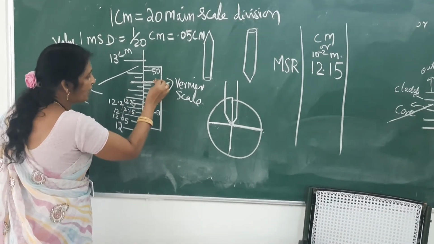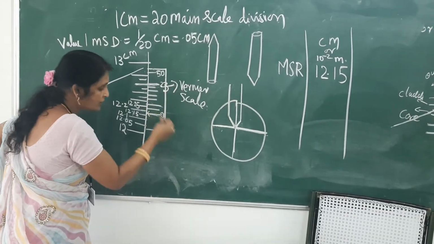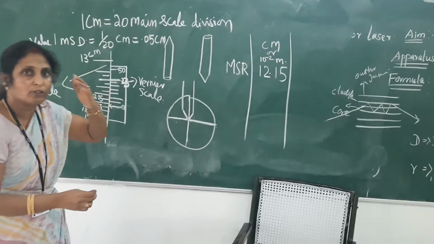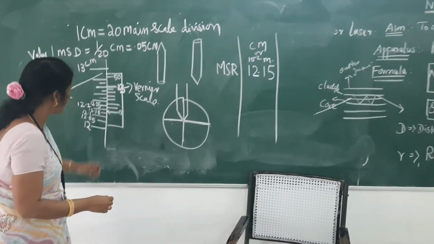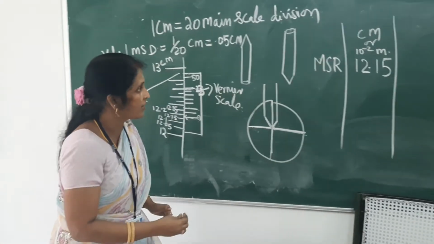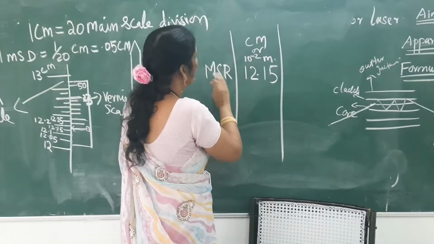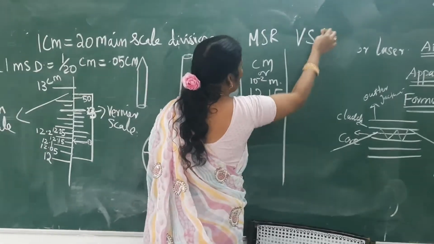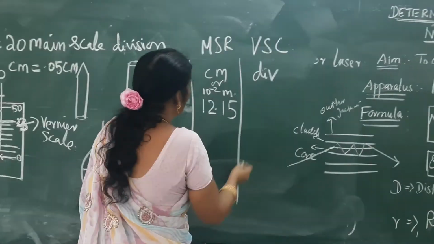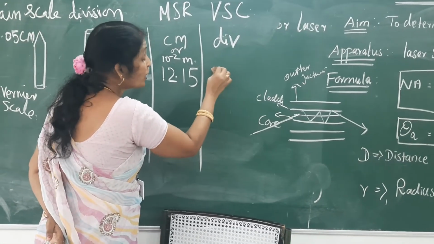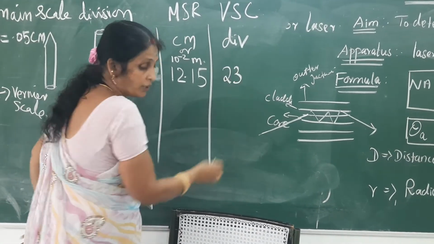Suppose for example here the 23rd division, just for your understanding I am telling. Suppose the 23rd division is coinciding. The rest of the divisions are slightly away from the main scale reading. So now the Vernier scale coincidence, which is in division, is 23.